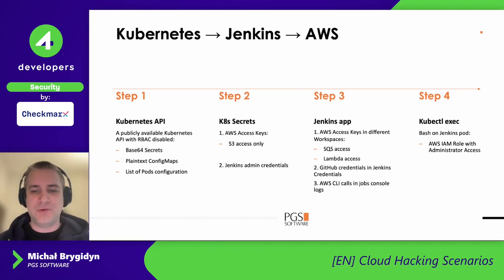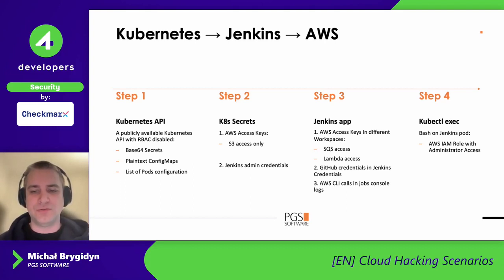So I was able to extract valid GitHub credentials, GitHub or GitLab, but valid credentials, so full access to repositories of that company. But then I also checked console logs from one of the jobs, and I noticed that the job was communicating with the AWS API using CLI calls.